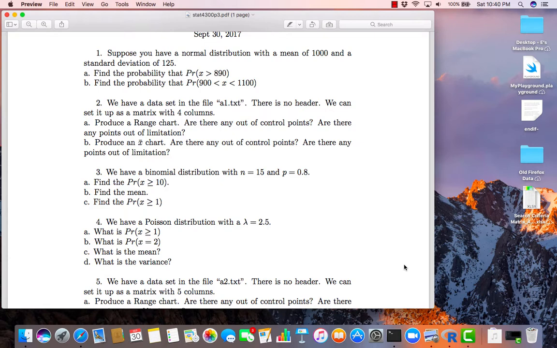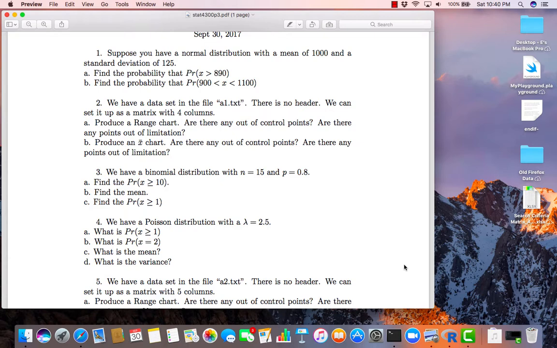Okay, let's do problem 3, and then we'll put an end to this one, and then do the other 2 problems in a second movie. Okay, we have a binomial distribution with n equal 15 and p equal 0.8.